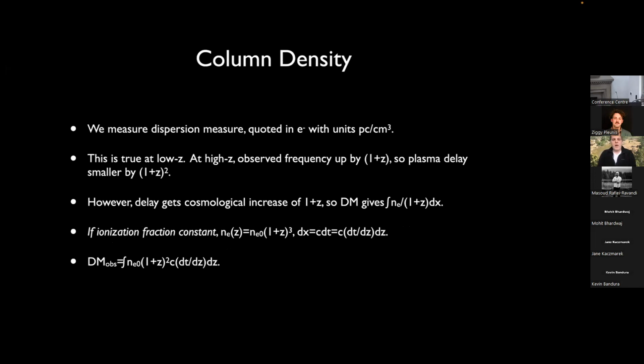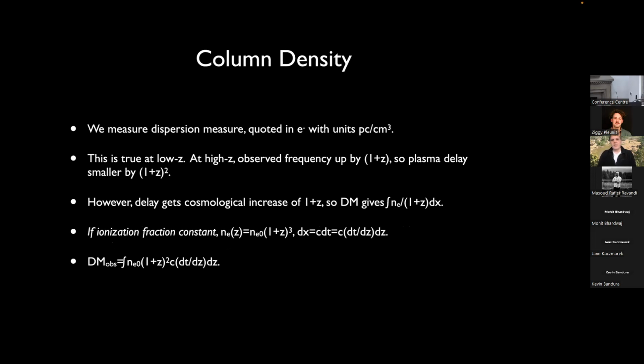Okay, so let's go through what we actually measure, which will be useful in thinking about how we're going to do some cosmology or physics with this. What we quote is the dispersion measure, which is equivalent to the low redshift column density.